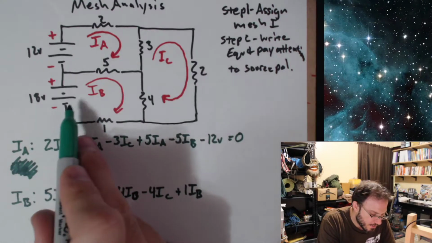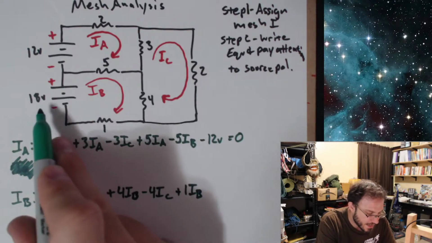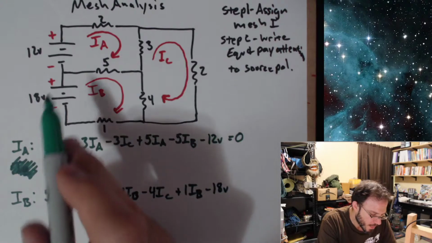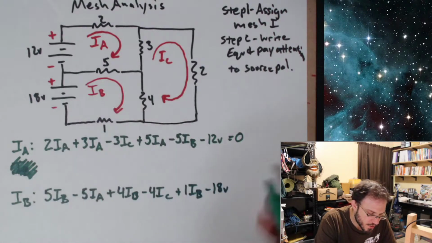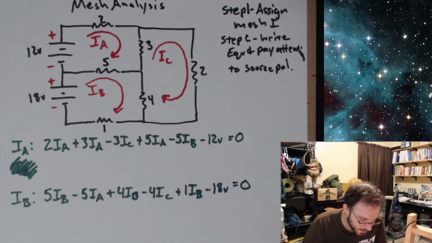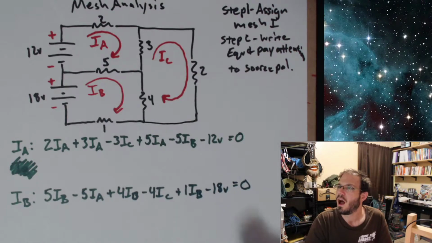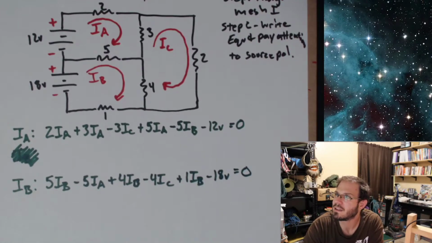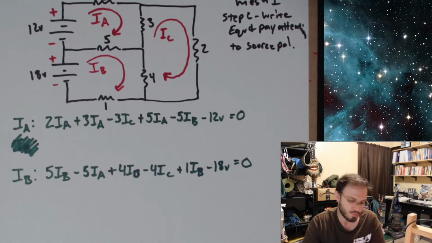And now we hit the voltage source and we hit a minus 18. And we're back at where we started, so set the whole thing equal to 0, and KVL, Kirchhoff, laying in his grave, should be happy. Okay, now let's go ahead and let's write out the IC expression.